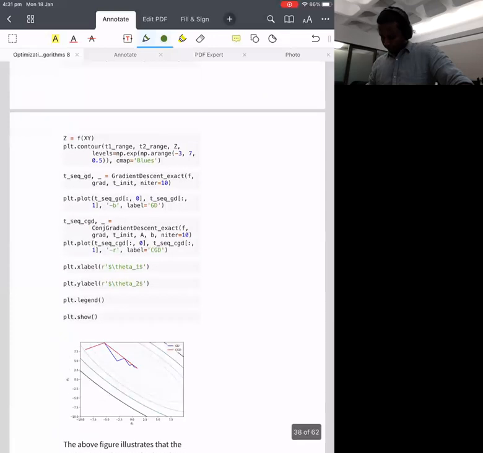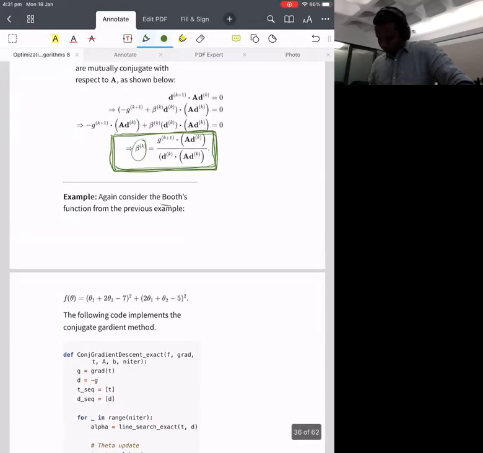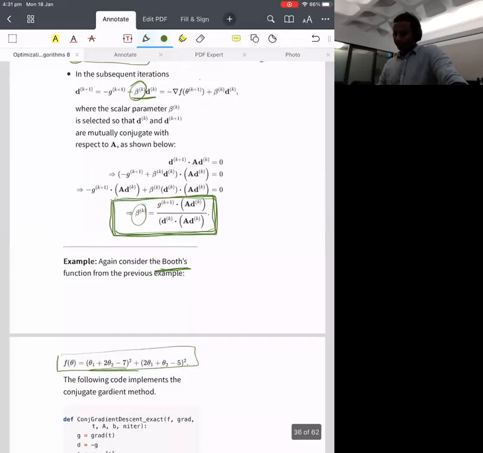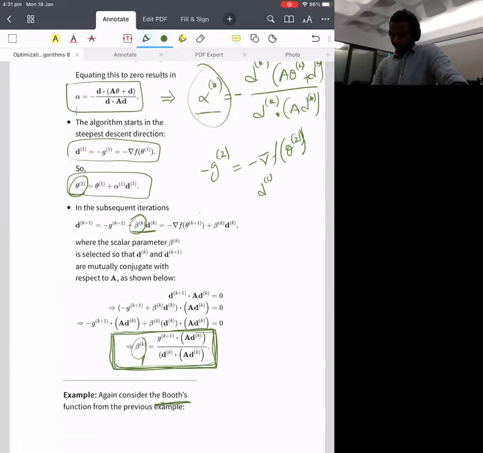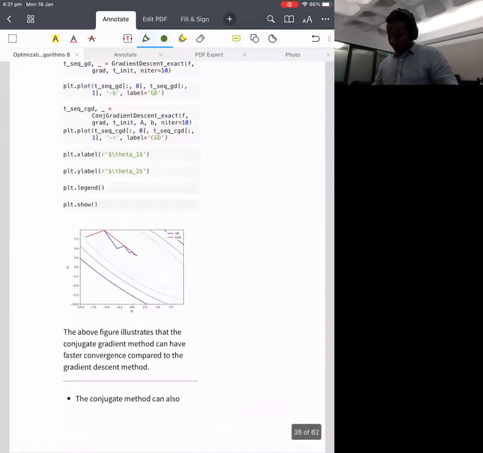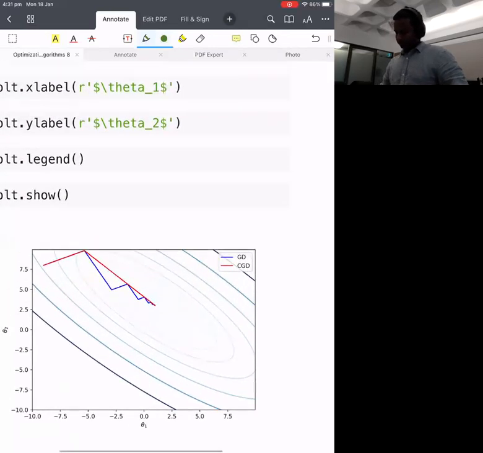In this example, again we took the Booth function, and that is a quadratic function. If you look at this, each term has at most power 2, so it's a quadratic function. You can exactly compute beta k and alpha k in each iteration, so it's easy to implement this algorithm. And look at this convergence.